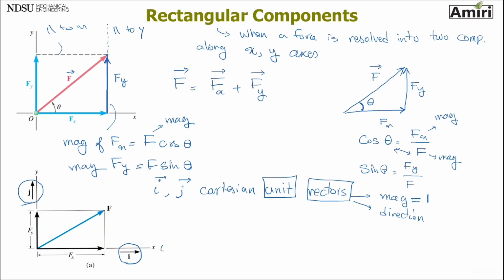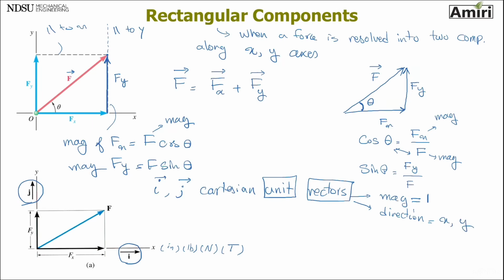This x-axis, if it's inches, pounds, newtons, whatever it is, I don't know. Temperature, we're talking about vectors. If it's temperature, anything that it is, that magnitude is 1 unit. The direction of x and y.